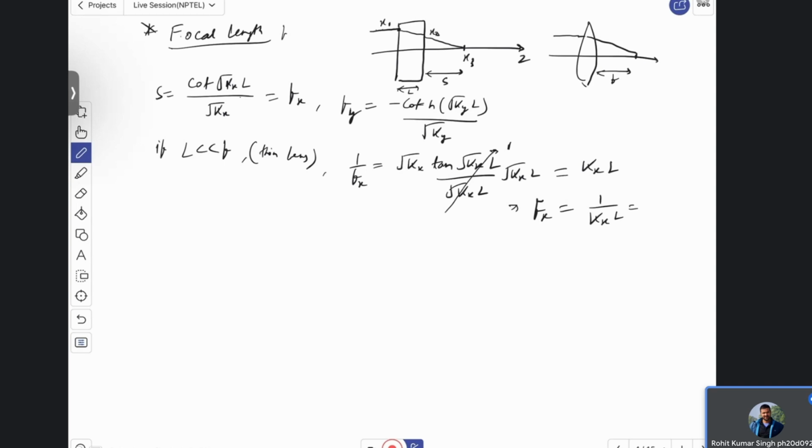We can write the expression of kx, which we found earlier, so 1 by qg, and mvg comes over. So this is the expression for the focal length.